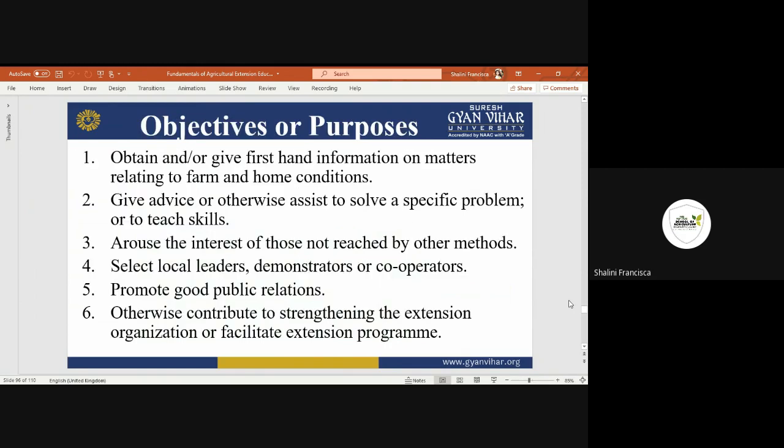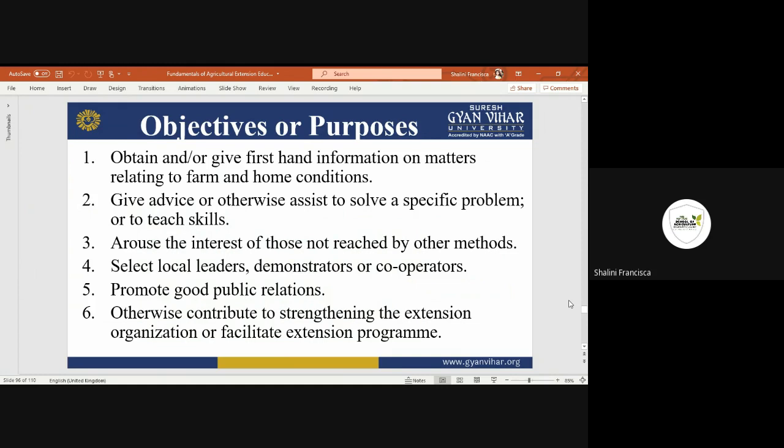What are the objectives of the farm visit or house visit? First, to obtain first-hand information on matters related to farm and house conditions. Whatever perception an agriculture extension worker has when coming to the farmer's family or the village area, there is so much other information that he or she wants to know to start the program.